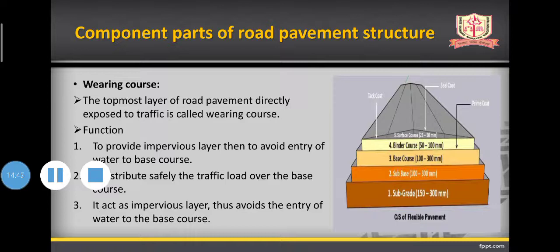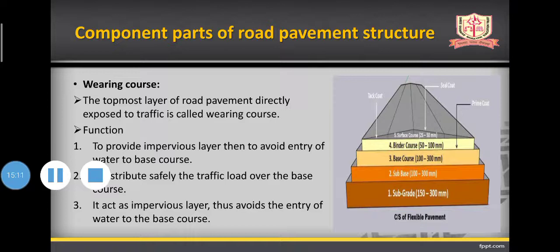Also, the main function of the wearing course is to distribute the load coming on the wearing course to the layer under it, whatever layer is under the wearing course. It acts as an impermeable layer, thus avoiding the entry of water to the base course.